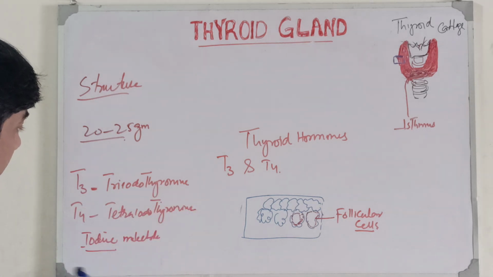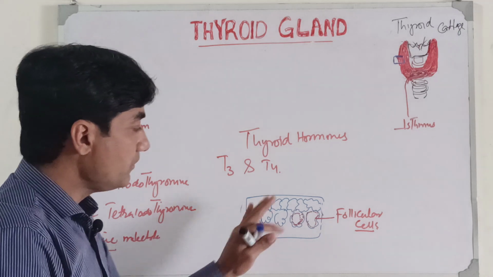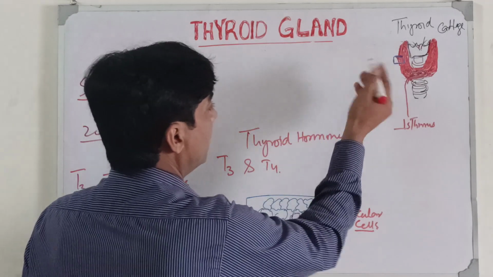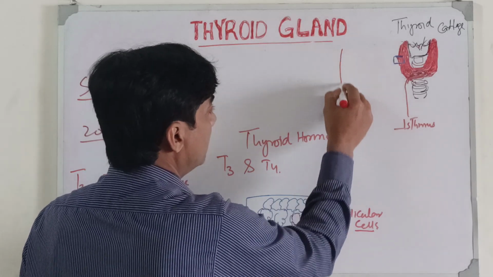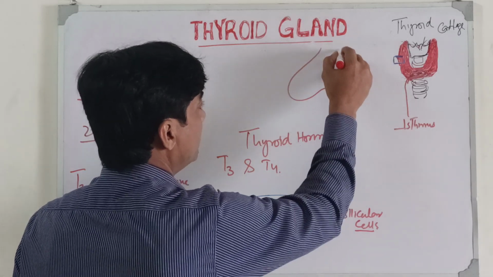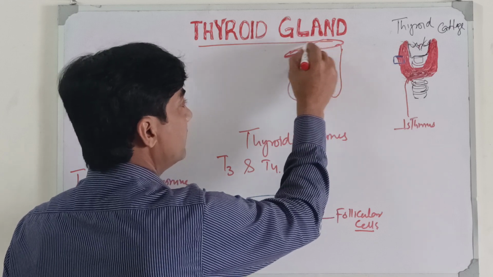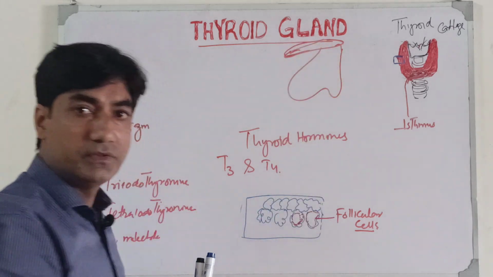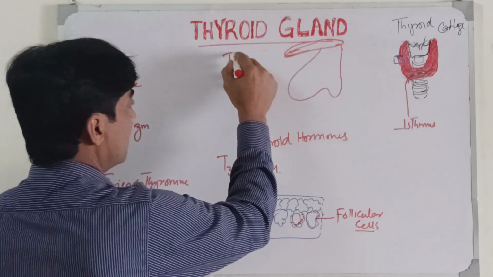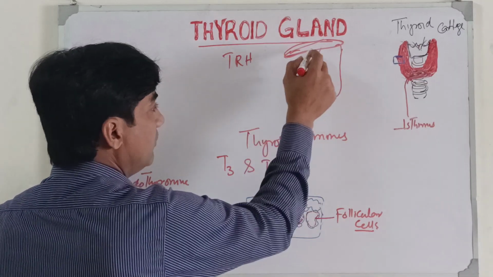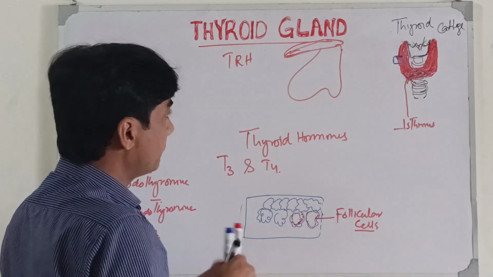These two hormones are secreted when there is a stimulation from the pituitary gland, especially the anterior pituitary. This is the hypothalamus. The hypothalamus releases a hormone that is TRH, and then this TRH stimulates the anterior pituitary.